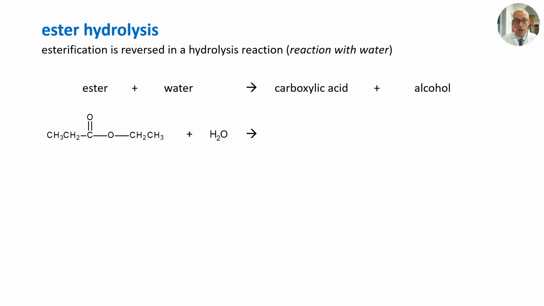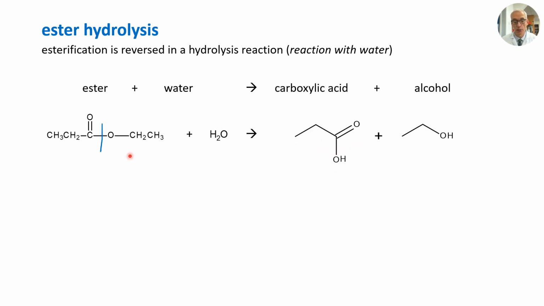Ethyl propanoate, we're going to break the carbon single bond oxygen in the ester, and we're going to add the atoms from the water molecule across the 2 products, which of course are ethanoic acid, propanoic acid, I beg your pardon.